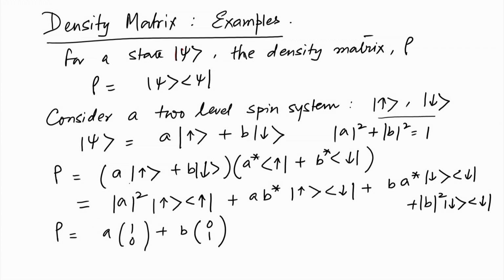So, we are writing the up spin with a 2 component spinor (1, 0), and the down spin with a 2 component spinor (0, 1).